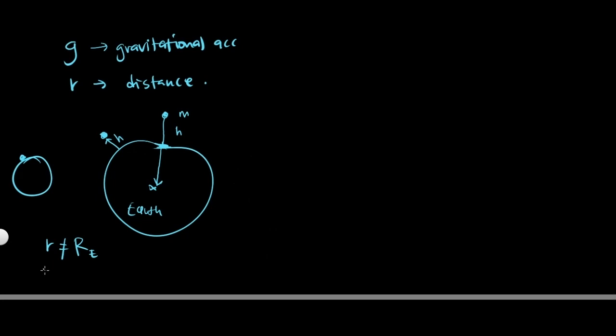The distance between these two objects becomes R Earth plus the height of the object measured from the surface of the planet. In general, we just use r equals capital R plus h.